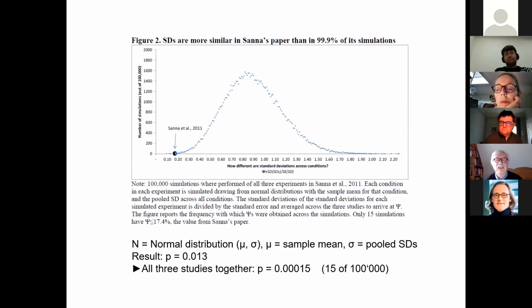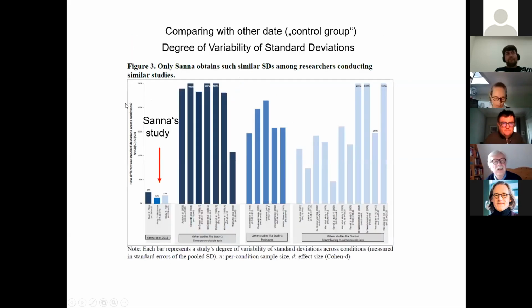So this really shows that there might be fraud involved. However, he applied further tests. He compared the variability with other studies by other psychologists, and you see here that the variability in Sanna's studies is much lower than in the other studies.